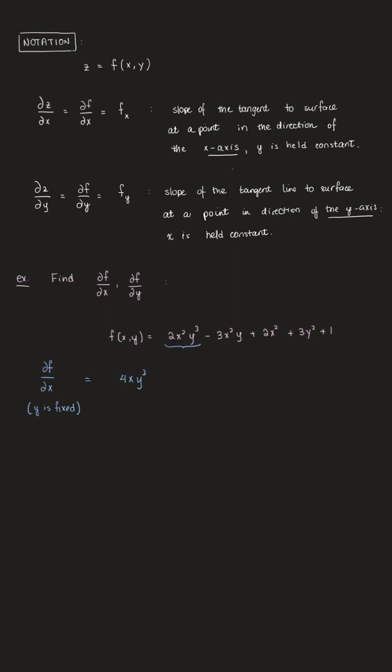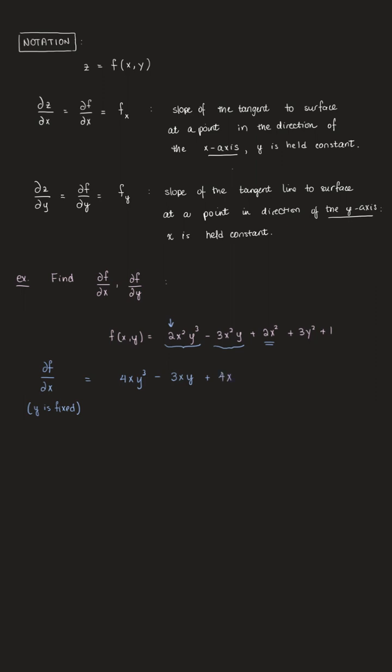Y cubed acts like the constant 2. It does not change. If we differentiate the next term, again, y is a constant, the derivative of x squared is x, so this will give us minus 3xy. Y does not change. The derivative of the next term, we don't have a y and we're holding y fixed, but this is just going to be plus 4x.